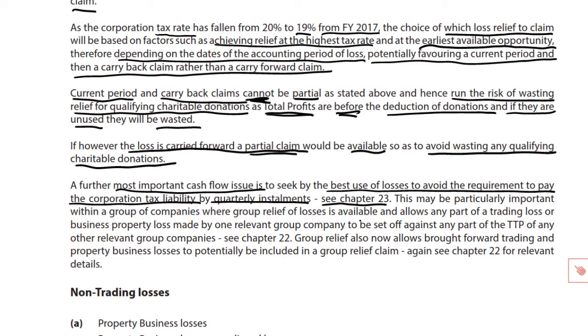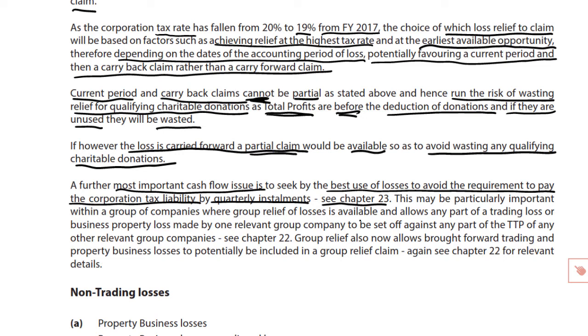So you're going to have to start paying the tax for the current period within the current period and then shortly after the end of that period, rather than only having to pay any and all of that tax 9 months and 1 day after the end of the period. Clearly, a company would not wish to have to make quarterly instalment payments if it could avoid it.